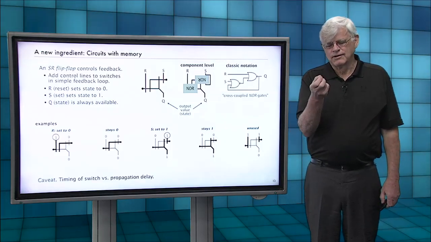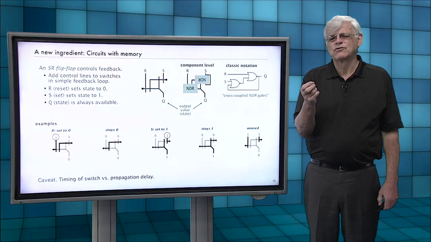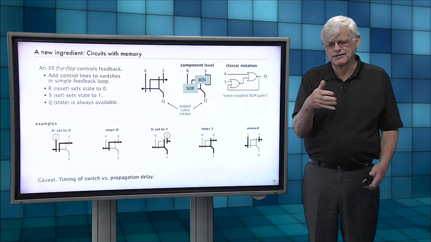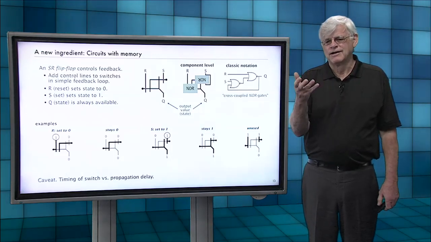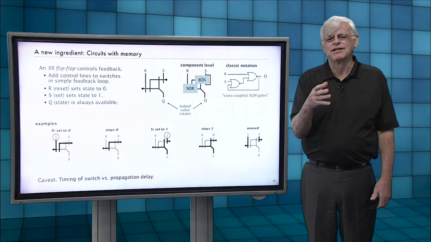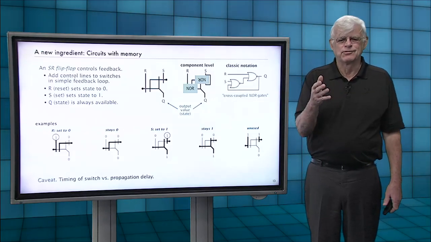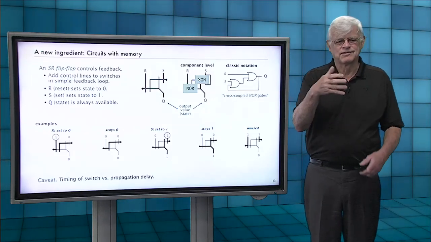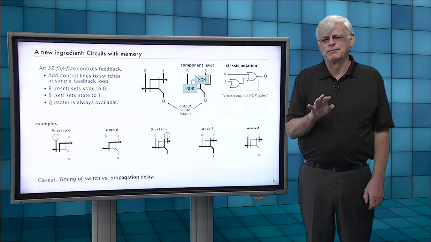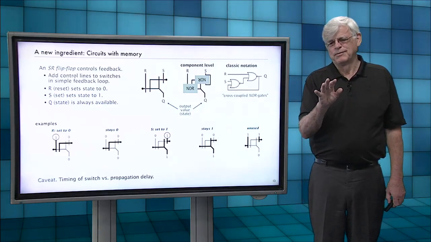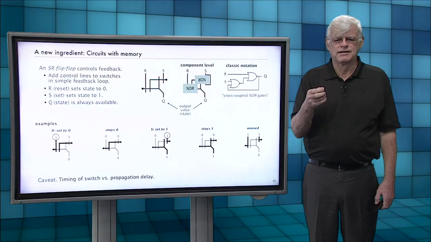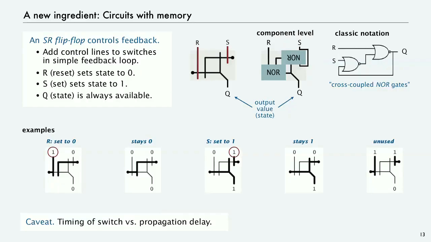Now, there are some physical considerations that come into play here, depending on the switch technology. If the switches are really slow versus the delay, but we're not going to worry about those. We're going to assume that the difference between the switching time and the delay through the wires is sufficient that we don't have those kinds of problems.